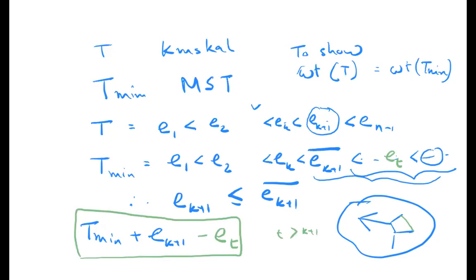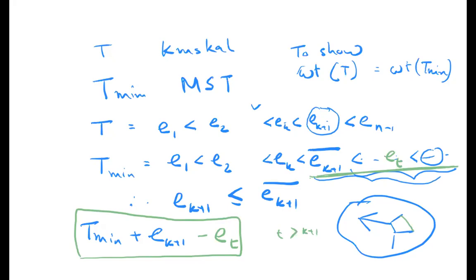I have taken T mean, the minimum weight spanning tree, and added EK plus 1, and that produces a cycle. The cycle must include some edge on the right side of EK plus 1, and I should remove that, which produces another spanning tree.